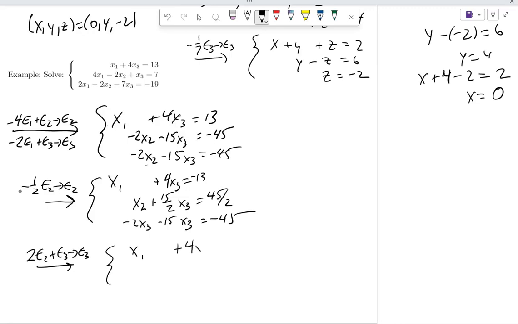And what happens then when you do that? Yeah, you get 0 equals 0, don't we? This is now triangular.